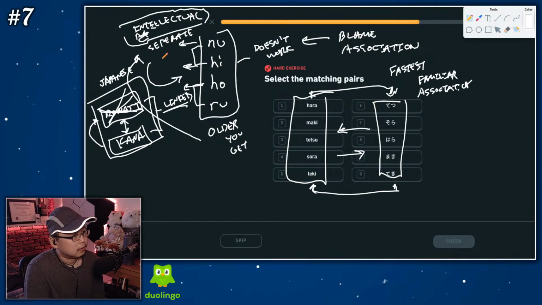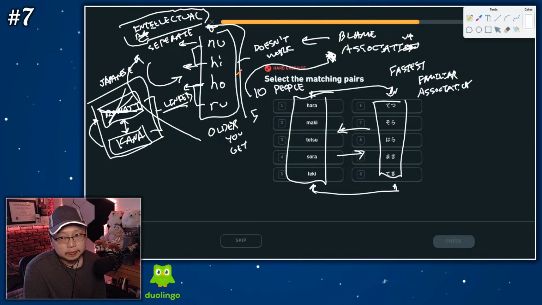So right now, I don't think I'm the only one who uses this over time. I've met maybe 10 people, I would say, serendipitously, and not a single person uses associative techniques. In fact, I would say over 5 of them exclusively use intellectual separation.